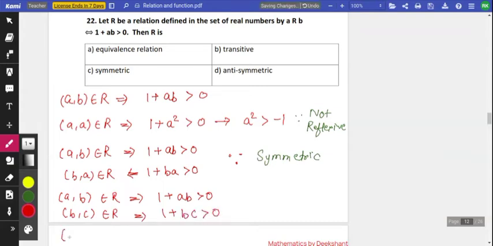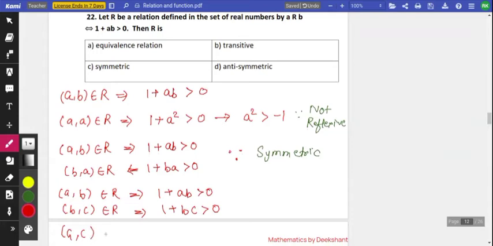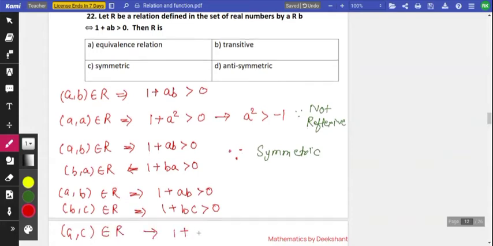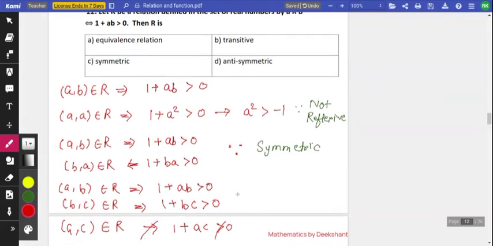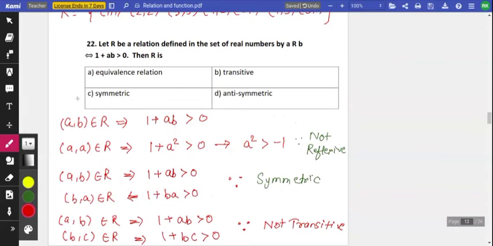We cannot conclude that (a,c) belongs to relation R. We cannot write it as 1 plus ac is greater than 0. Therefore, the given relation is not transitive. So the correct answer is option C. The given relation is symmetric.